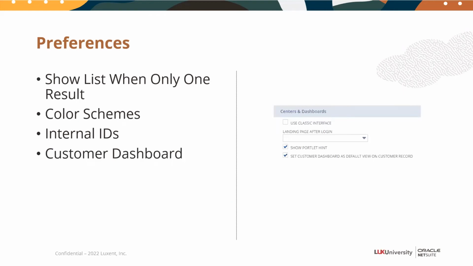And then another one is the customer dashboard preference. So this is where you can always take you to a customer's dashboard page instead of their entity page. So the entity page is where you would usually keep the customer information, their address, all of the information about the customer.